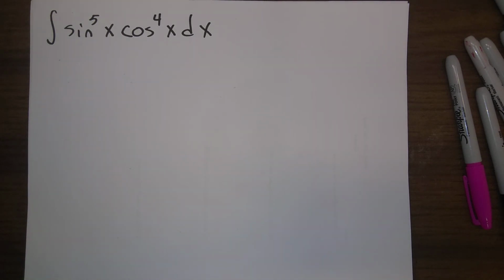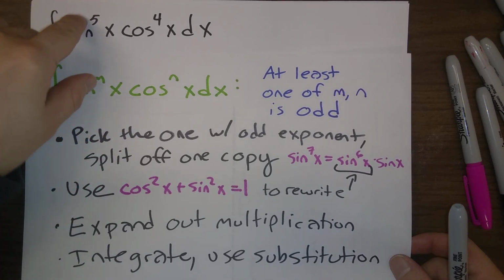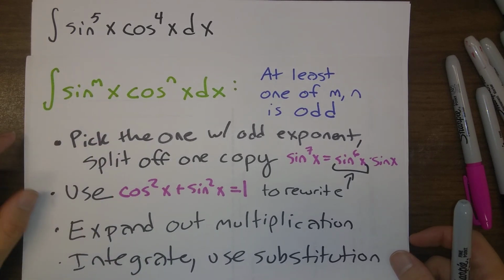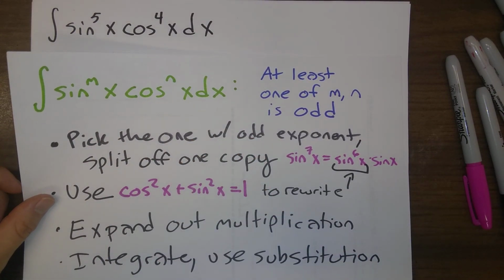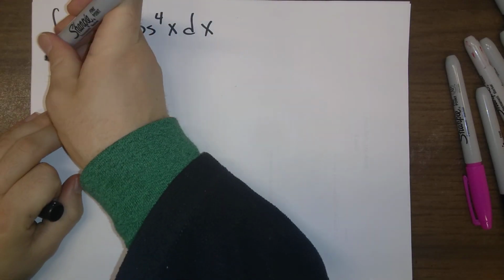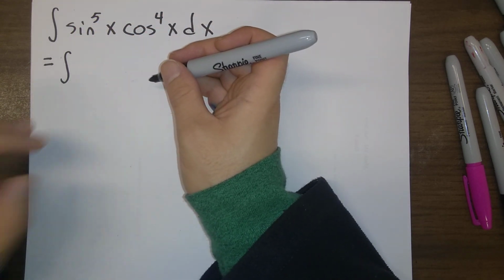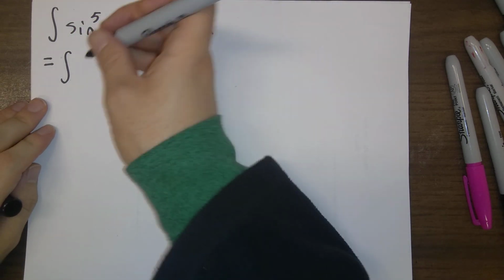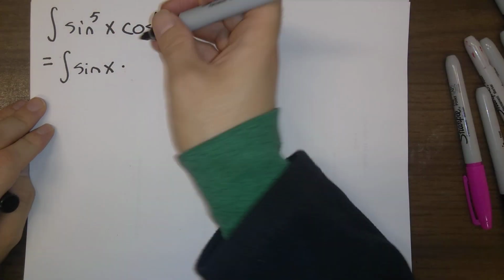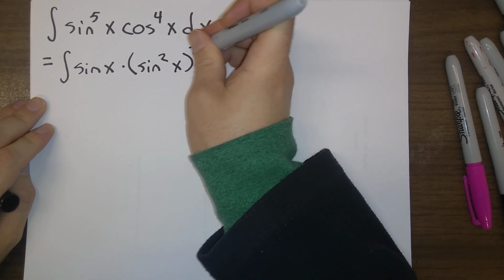This falls into our previous pattern, where here m is 5, n is 4, and at least one of m and n is odd. So m is odd here, and we're going to pick the one with odd exponent and split off one copy of it. We're going to rewrite sine x to the 5th as sine x times sine x to the 4th, and sine x to the 4th I'm going to write as sine squared x, squared.